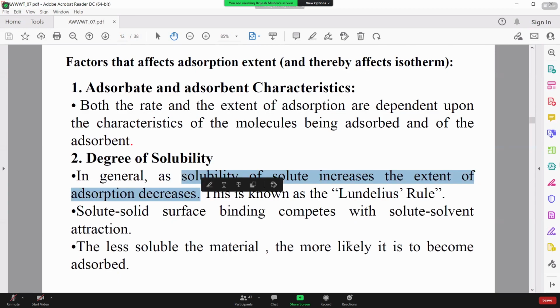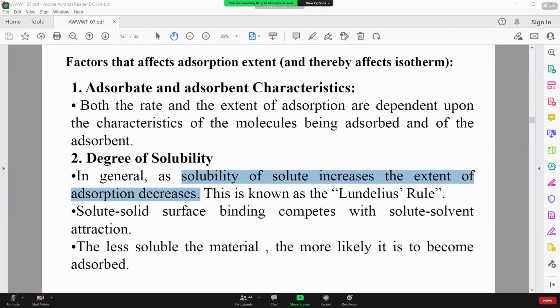That's why I'm highlighting. Because if solubility increases, then more molecules won't adsorb on the surface of the solid.